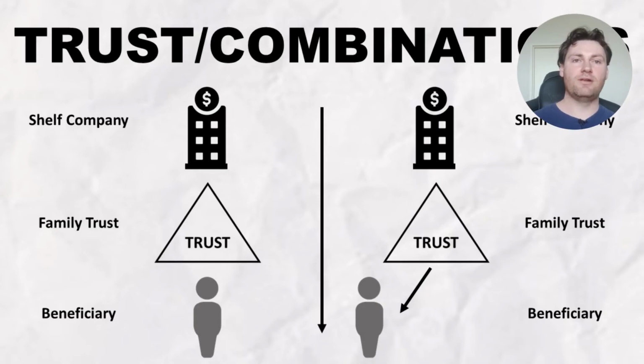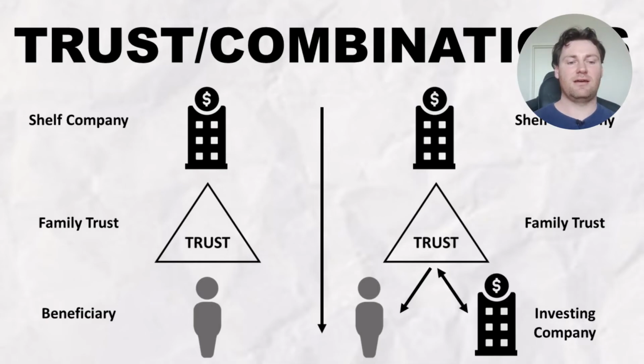When it comes to a combination that's quite common, you would add an investing company underneath the family trust, as you can see here on the right. What this means is that the investing company itself makes the asset purchases in its name. In order to distribute it, you would pay your shareholders of the investing company, which is your family trust, 100% a fully franked dividend, and then your family trust has the discretionary ability to distribute its earnings towards your family.